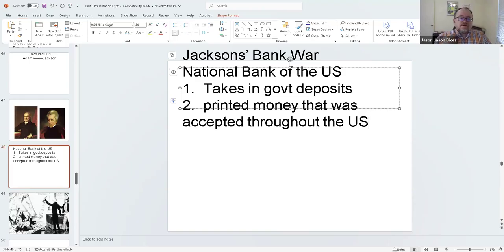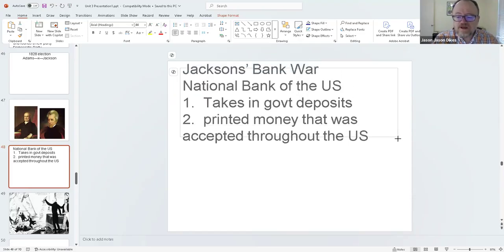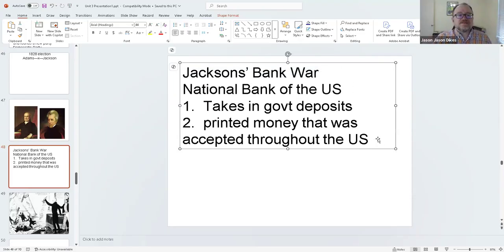Now, the government itself did not print money at this time, the way that the government does today, right? We have the Federal Reserve. There are 12 printers throughout the United States. The Bank of the United States, which was located in Philadelphia, printed money that was accepted throughout the United States.